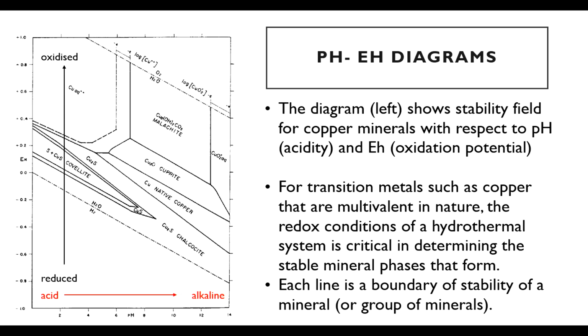But if you oxidize, you might get things like malachite, common assemblages you might find in the surface expression of an ore deposit. If you reduce it, you might get chalcocite as a stable phase, and if you change the pH at a fixed oxidation, you might get to gabellite.